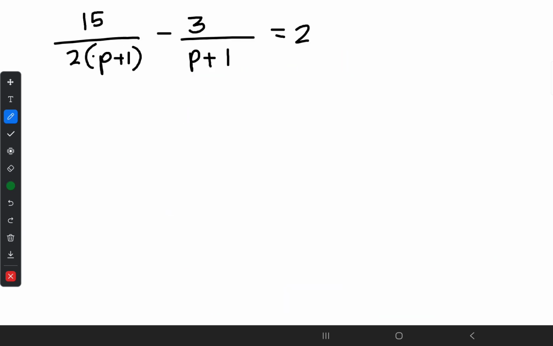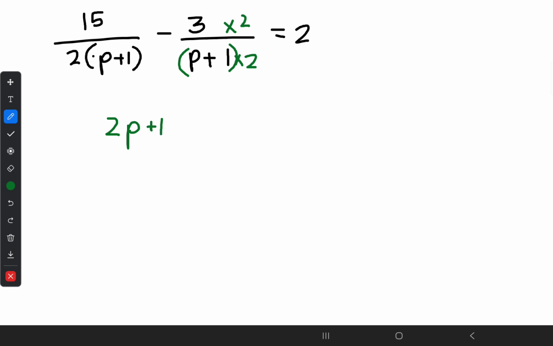First, the simplification: the denominators are not the same, so I will multiply the second fraction. It already has the p plus 1 quantity, but the LCM would be 2 times p plus 1, so it should be multiplied with the number 2. Thereafter the common denominator became 2 into p plus 1.